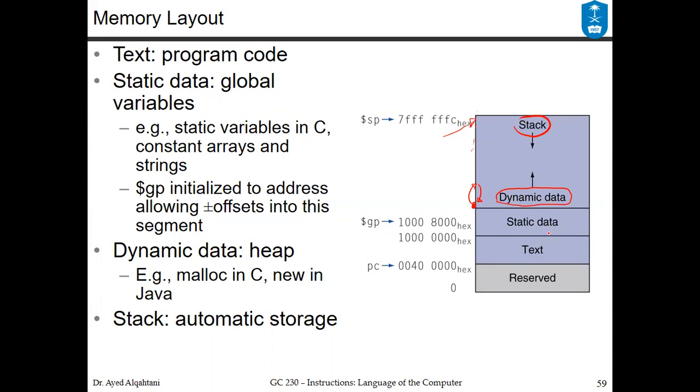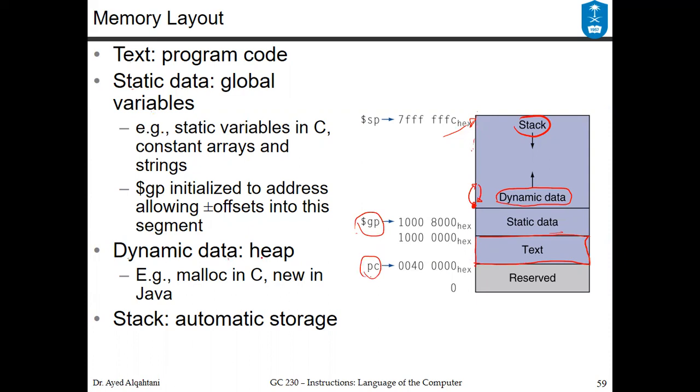Also, we have static data. Even though we didn't have any static data in the previous procedures, if you have static data, you use the global pointer to point to them. This is the program counter. The program counter can start from this place, and any instructions or procedures, the main or any classes or methods, are supposed to be written in the text part. So the text is the program code, then the static data holds global variables.